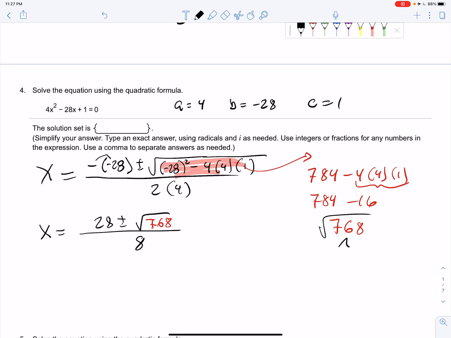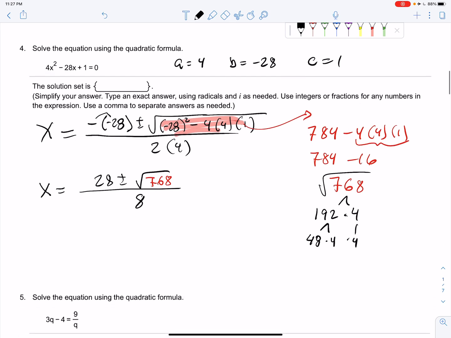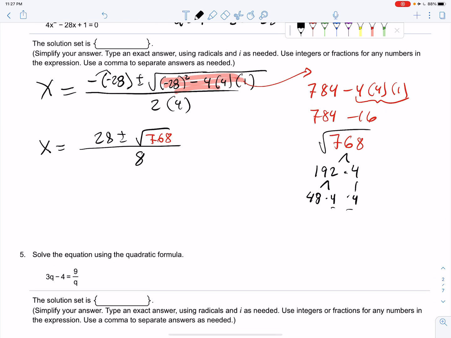So one way to do this is you just start breaking it down. Divided by 4 is 4 times 192. And I don't know, maybe I can divide by 4 again. Yep, I can. So 48 times 4, and we still have this 4 right here. Now realize that 4 times 4 is a perfect square.